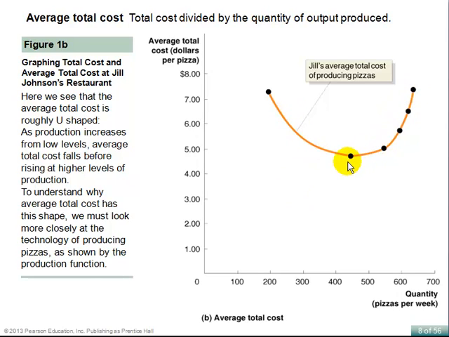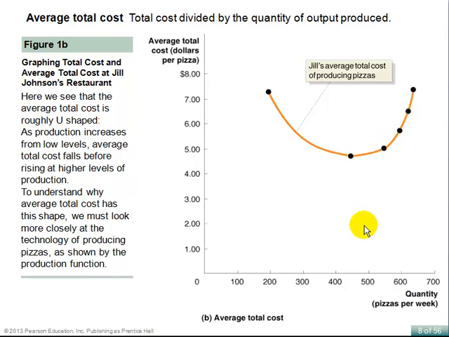You can notice that Jill's average cost has roughly a U shape. Again, as production increases from low levels to higher levels, average total cost falls, then becomes fairly flat before rising again at higher levels of production.